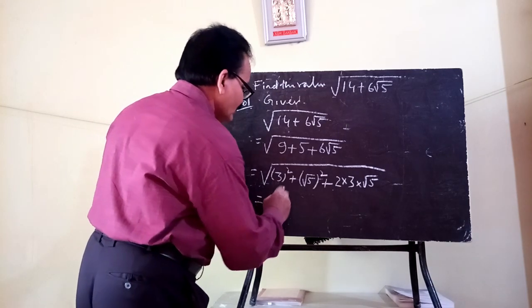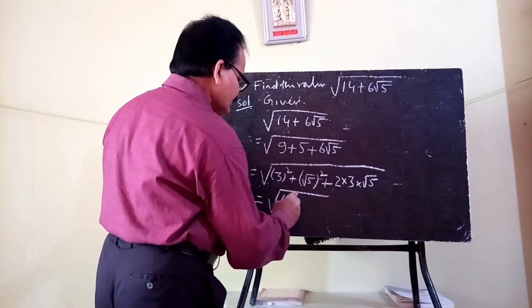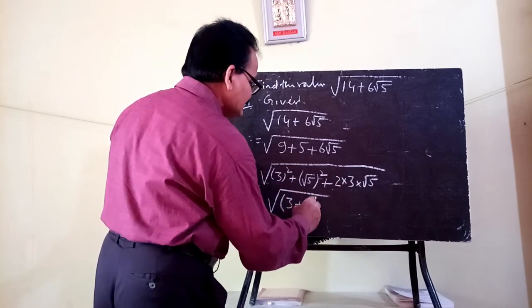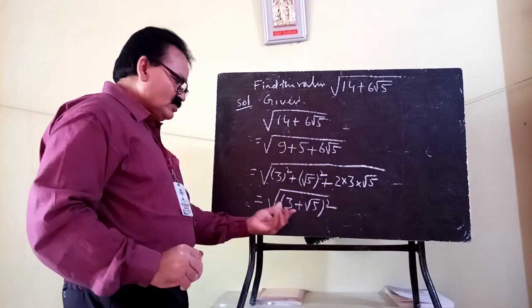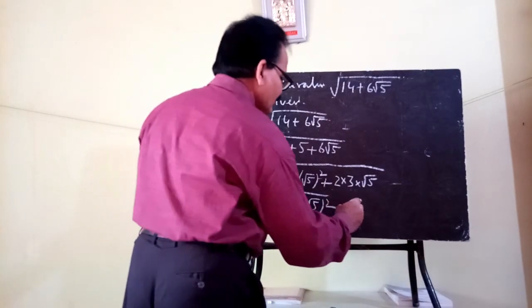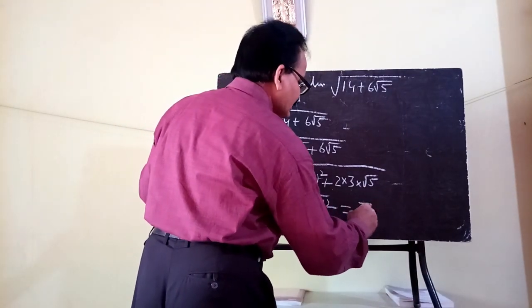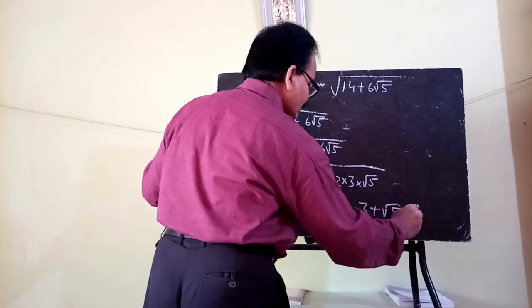Okay. So finally a square plus b square plus 2ab means a plus b whole square. So the square root of a squared number, the root is out. Now the answer is 3 plus square root of 5. So this is your answer.